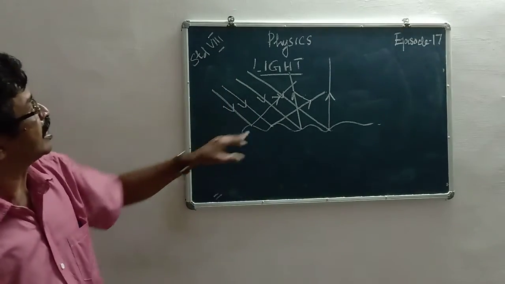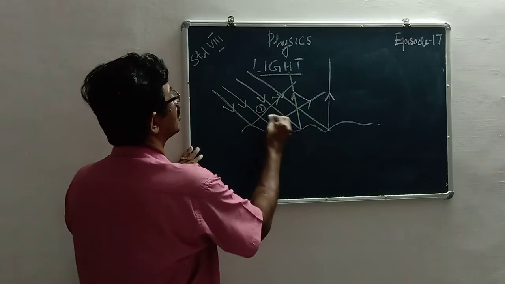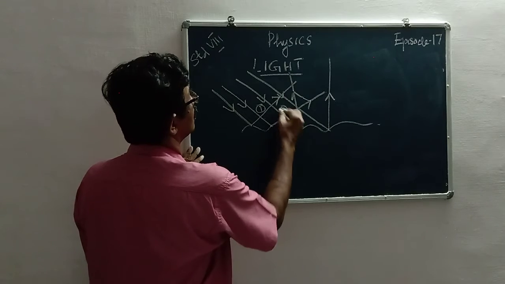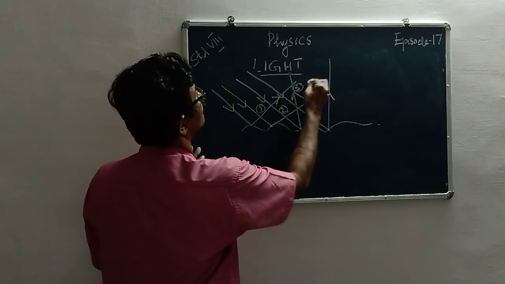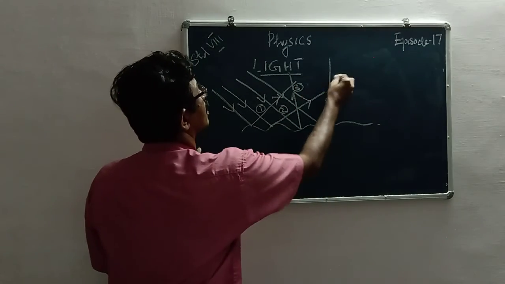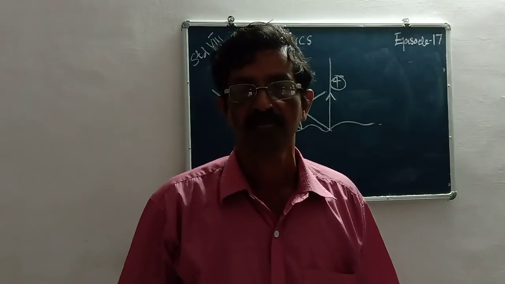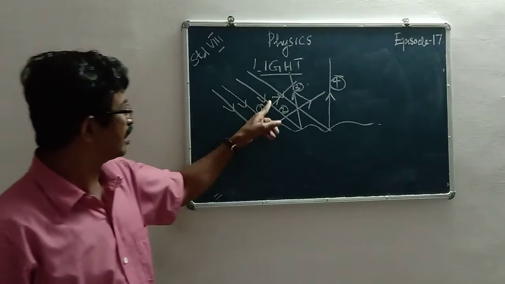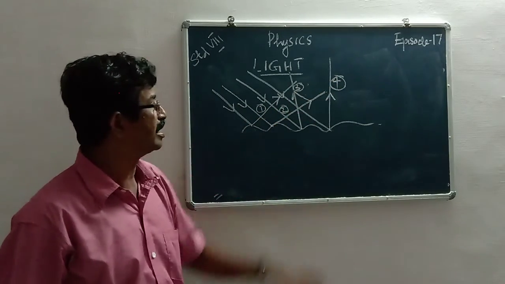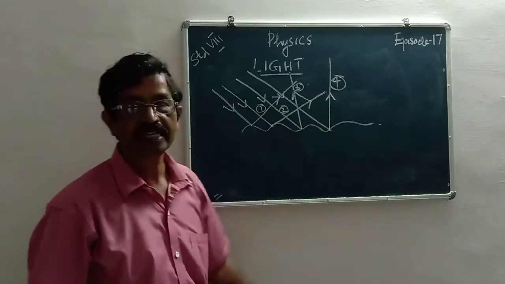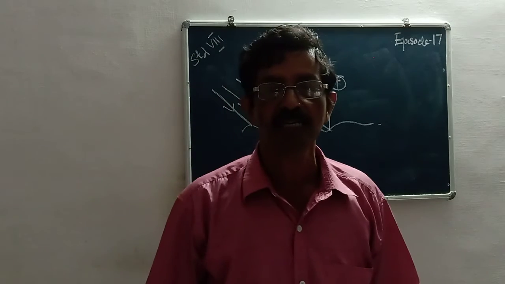See, the reflected rays 1, 2, 3, 4. Are the reflected rays now parallel? See, these 1, 2, 3, 4 marked that are reflected, are they parallel?